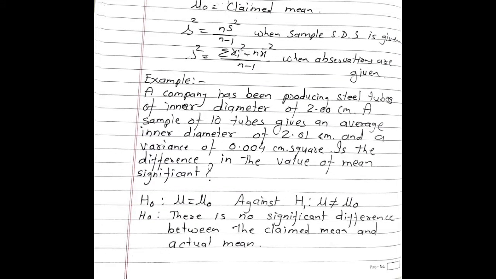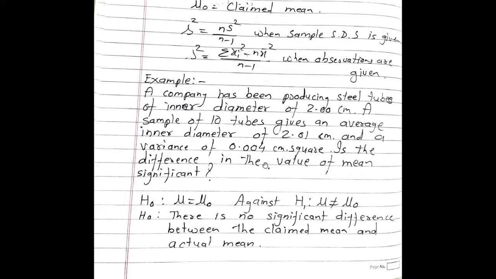A company has been producing steel tubes of inner diameter of 2 centimeters. A sample of 10 tubes gives an average inner diameter of 2.01 centimeter and a variance of 0.004 centimeter square.